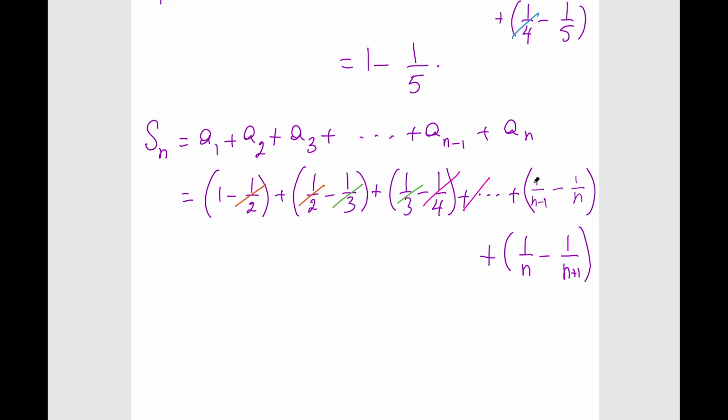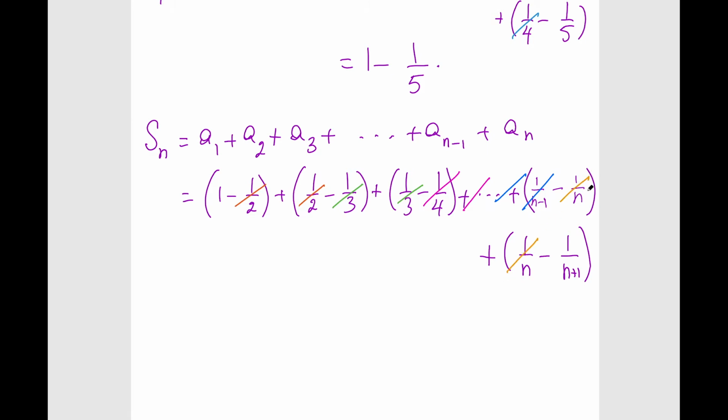Here I have positive 1 over n minus 1. So the minus 1 over n minus 1 came before that positive 1 over n minus 1, so they cancel each other. This guy, the negative 1 over n, its positive part comes immediately after.